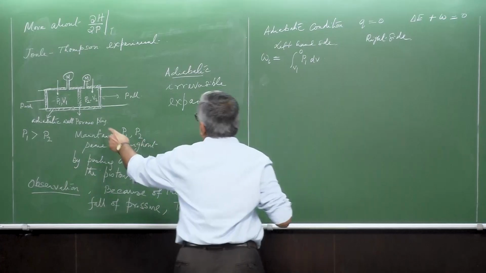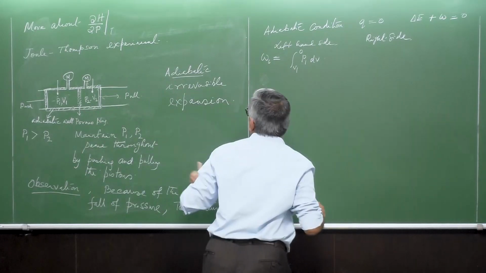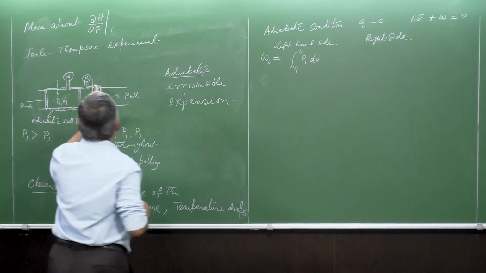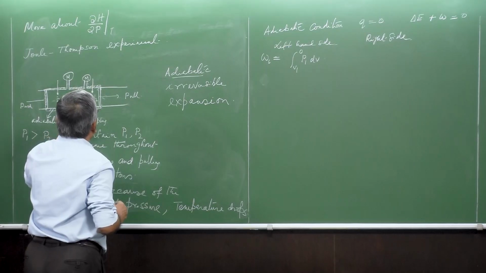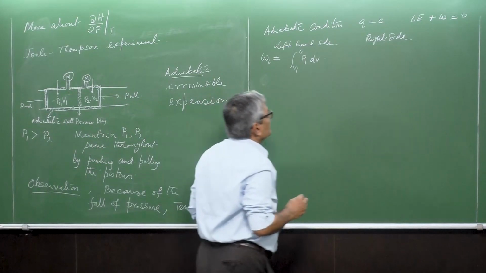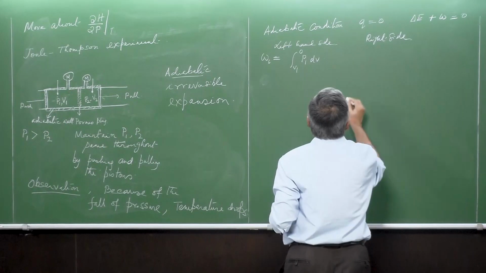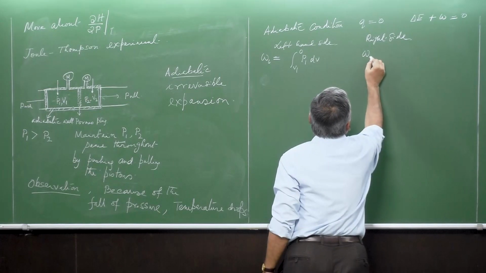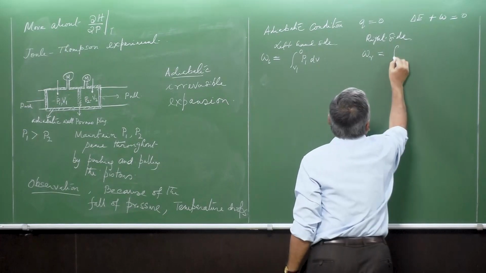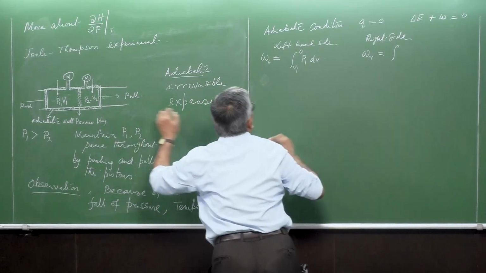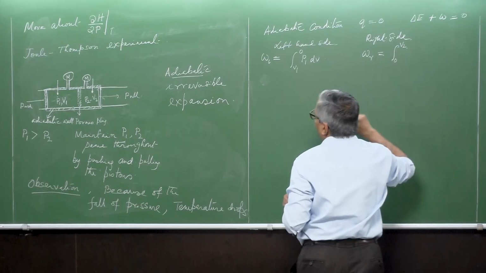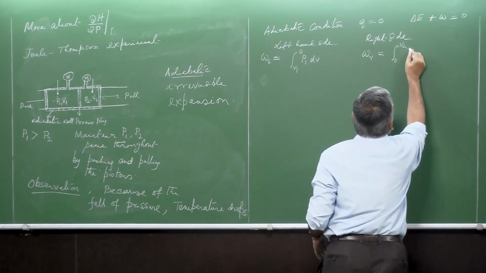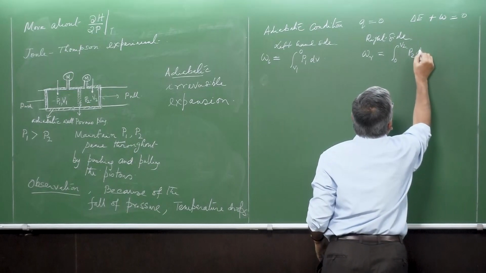What is going on on the right? You have from 0. So if your piston almost touches this diaphragm, then its volume is 0. So W right is basically you are going to expand from 0 to V2 against P2 dV.